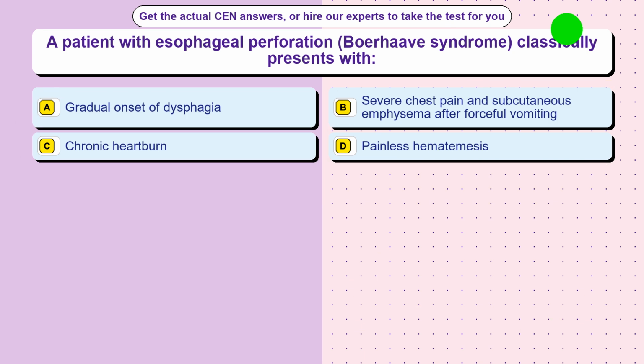Question 93. A patient with esophageal perforation, Boerhaave syndrome, classically presents with Option A, gradual onset of dysphagia, Option B, severe chest pain and subcutaneous emphysema after forceful vomiting, Option C, chronic heartburn, Option D, painless hematemesis.